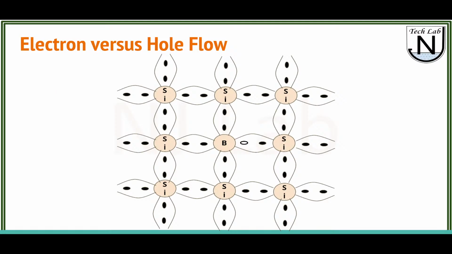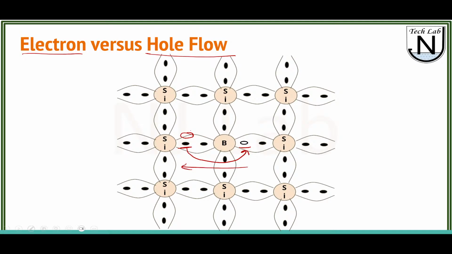Now, already I have discussed how electrons flow, right? And already we have discussed how the holes in the material flow. If we have a hole over here, and this electron moves over here, the hole will be formed over here, meaning the hole has moved.